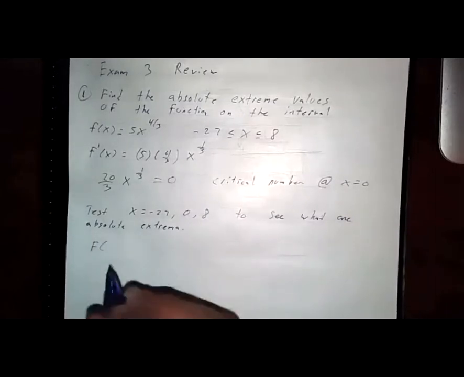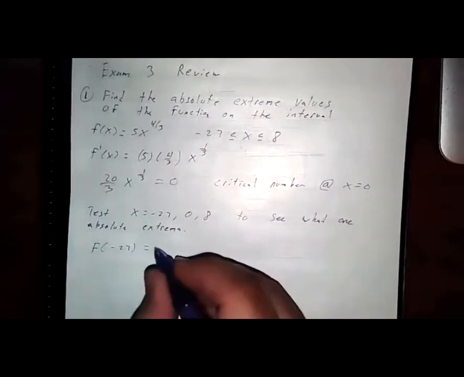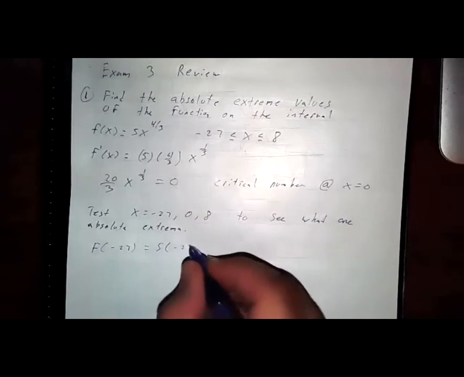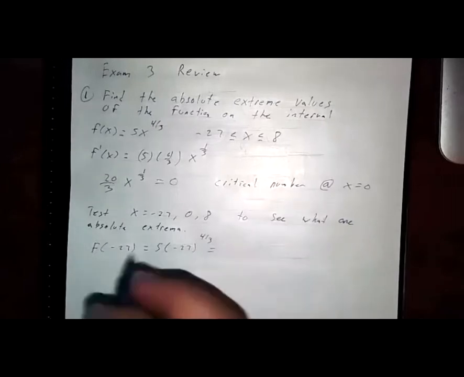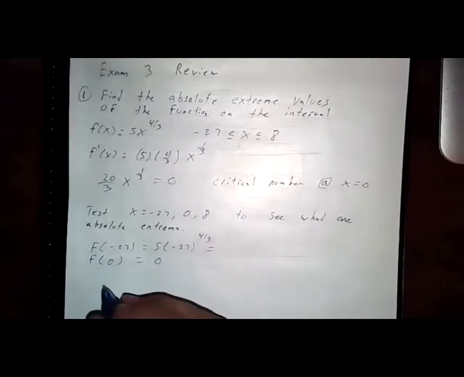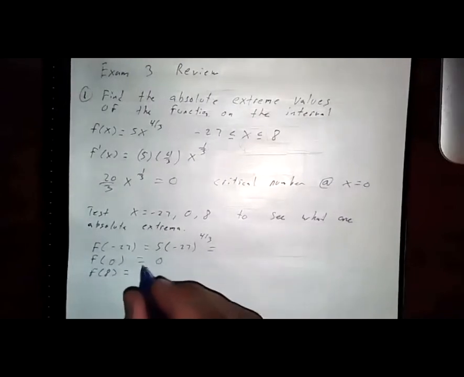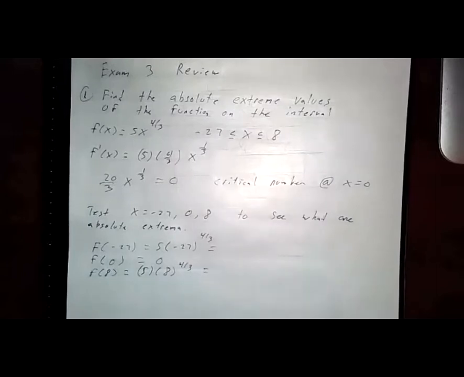So f of negative 27 is going to be 5 times negative 27 to the 4/3. What's that going to be? F of 0 will be 0. F of 8 will be 5 times 8 to the 4/3.